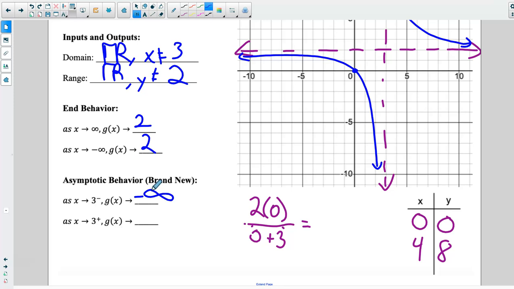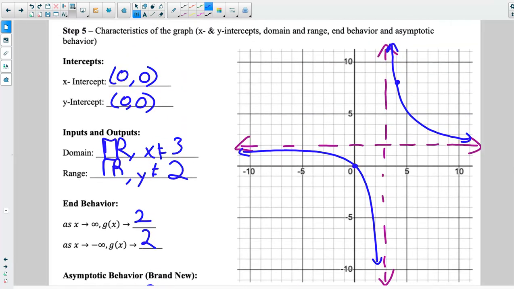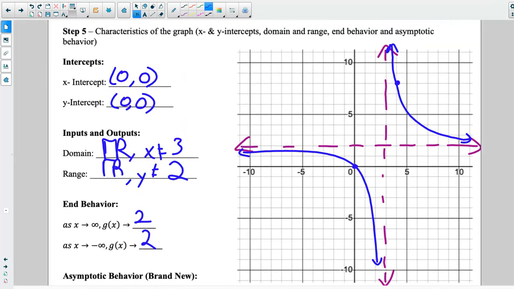I go back towards it, and it's going positive infinity. So remember, when you're looking at that, if it has the little minus sign, I go to my asymptote from the left, and then I come right back to it, and I just see which direction I'm going. It's either going to be up or down. Questions?